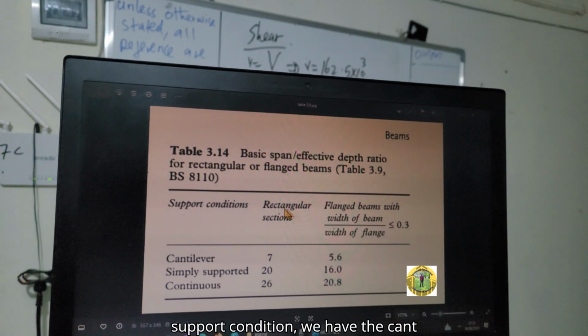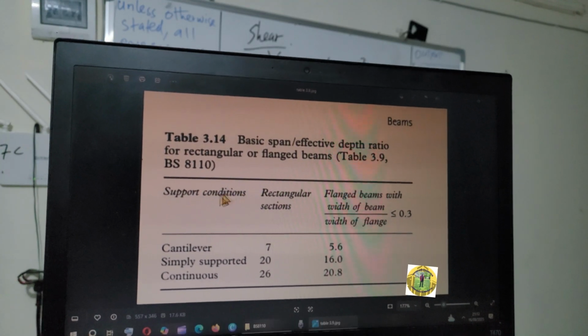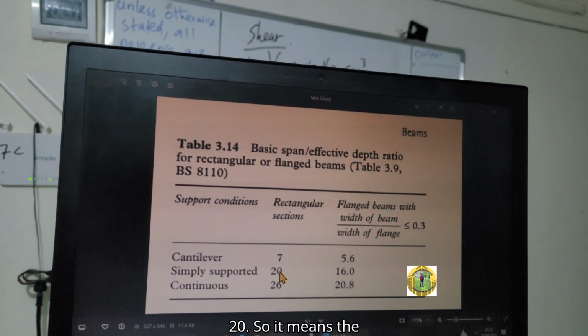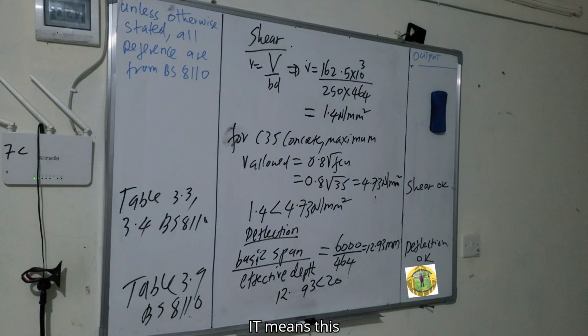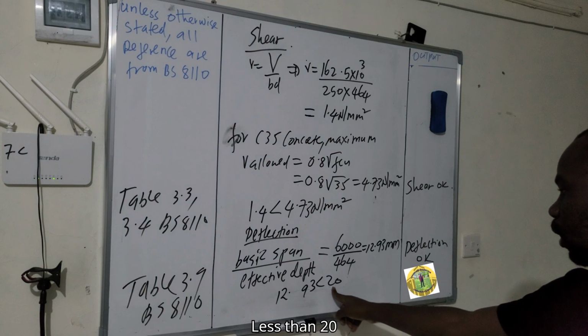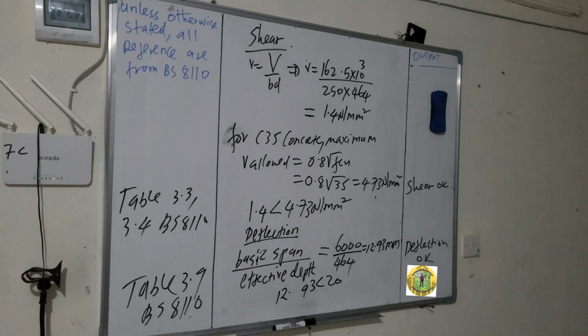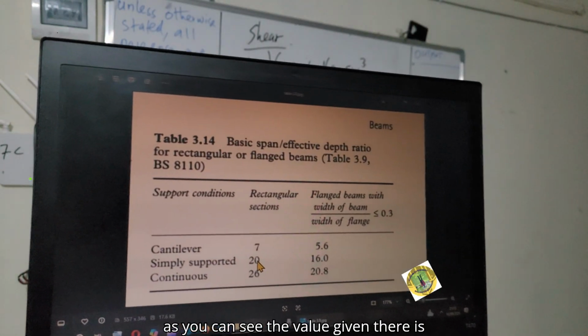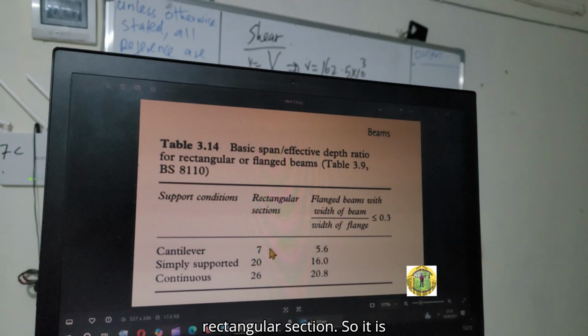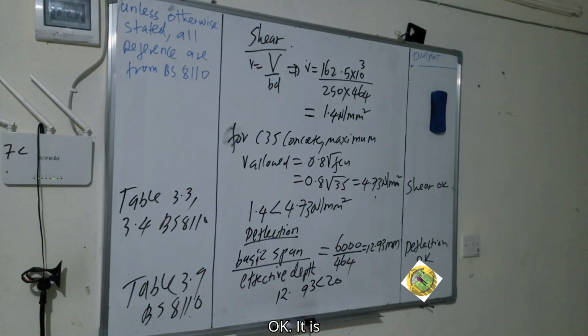So we have the support condition, we have the cantilever, simply supported, which is 20. So it means this ratio should be less than 20 for the beam to be okay in deflection. So as you can see, the value given there is 20. So this is for rectangular section. So it is okay.